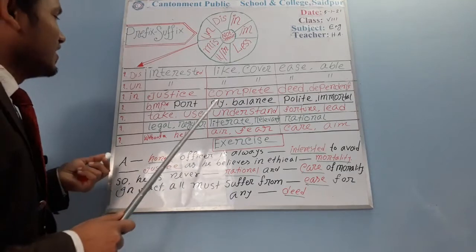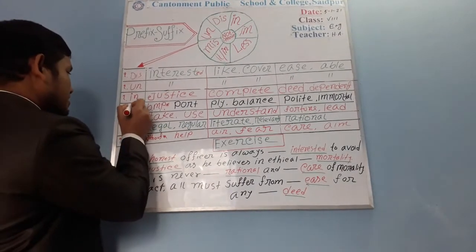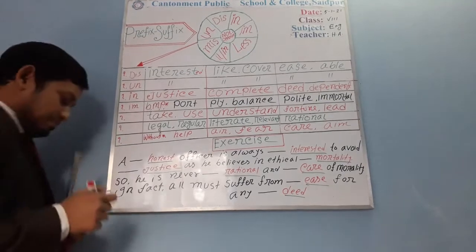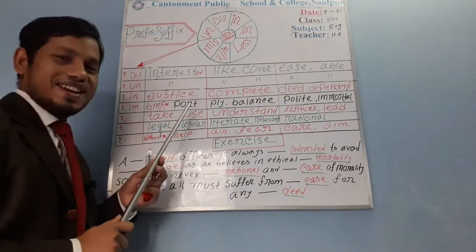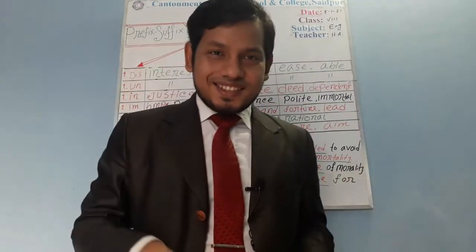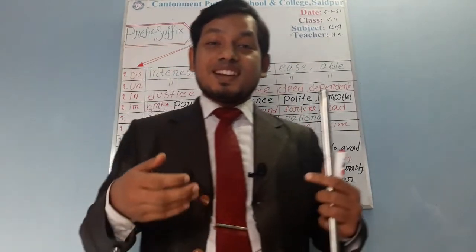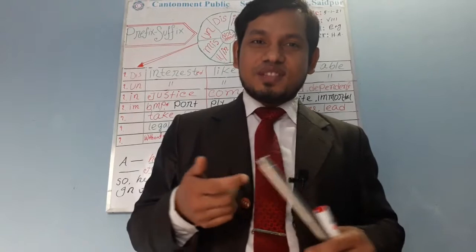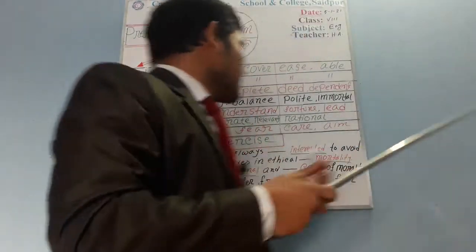What is that? Im. Learners, keep in mind, im. Import. Here you can see, very nice, port. Port is what? Port is a city or a town where ships load and unload goods. Suppose a naval port, an airport, right?